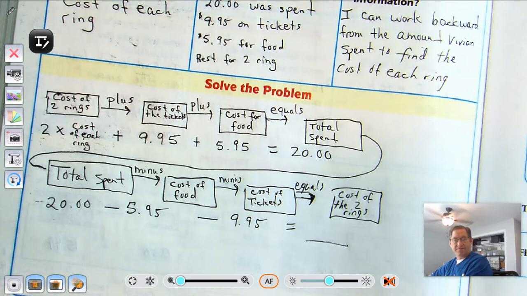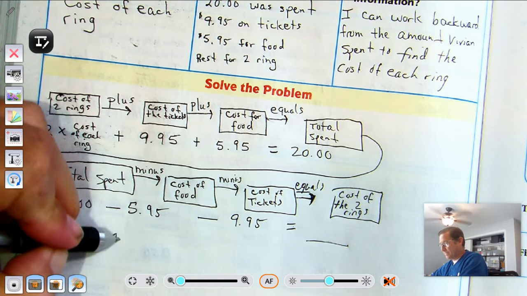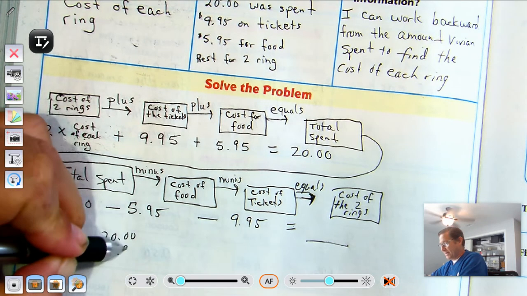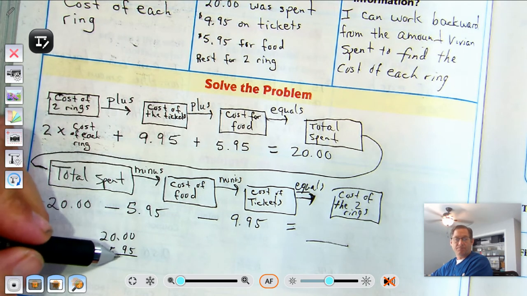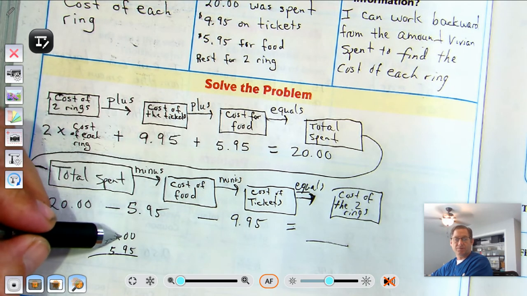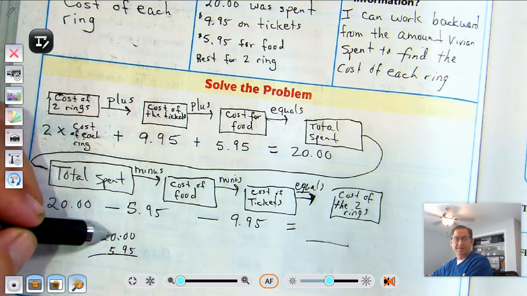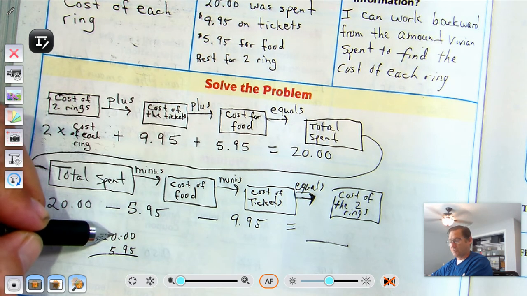20 take away 5.95. Okay, what's 20 minus 5.95? Well, I know I can't take 5 from nothing. I can't regroup from the 0 tenths. I can't regroup from the 0.